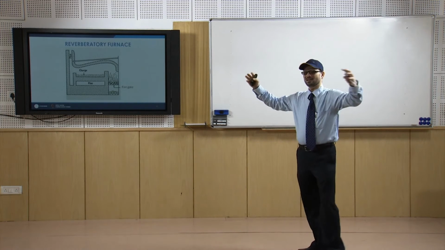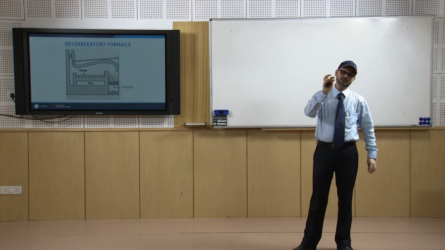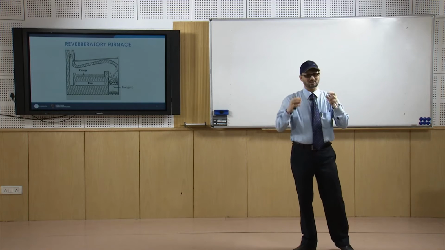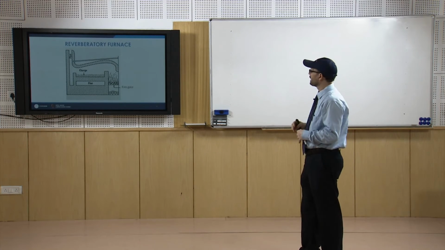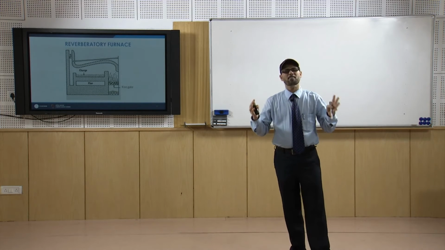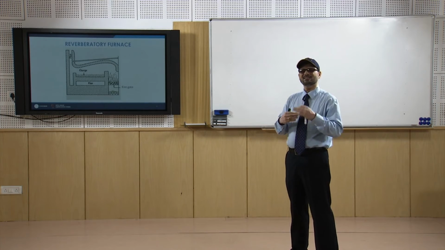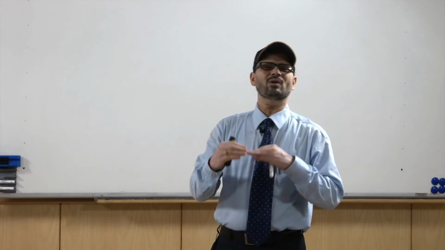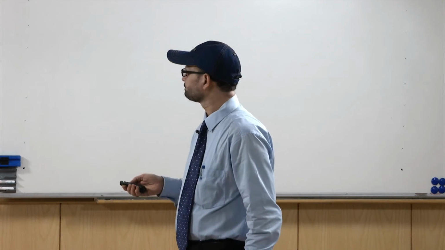It has a large, long shell, and the blowing is from one side. Because of the combustion products and the temperature of the flame, heating takes place from the side of the walls, which is refractory. This is used for small scale foundries where small quantities of metal are required, mostly for non-ferrous materials.